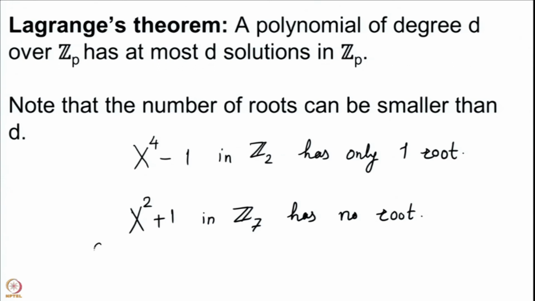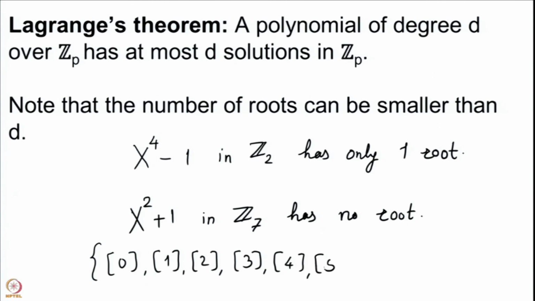You can actually quite quickly check this. You have 0, 1, 2, 3, 4, 5 and 6, and let us just compute their squares. 0 square is 0, 1 square is 1, 2 square is 4, 3 square is 9 which is 2, and 4 is minus 3, so its square is 2, 5 is minus 2, so its square is 4, and 6 is minus 1, so its square is 1.